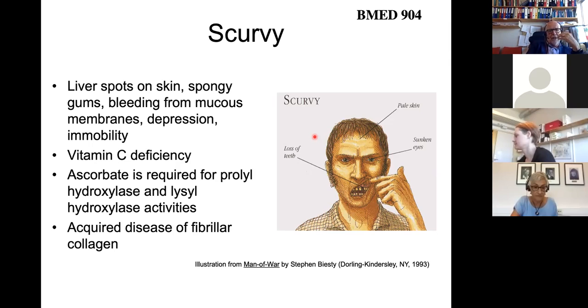The periodontal ligaments were affected, until one discovered that this was due to the lack of citrus fruits. At that time, the protein collagen of course wasn't known, but now, understanding collagen biosynthesis, we can understand the underlying reasons for the disease.